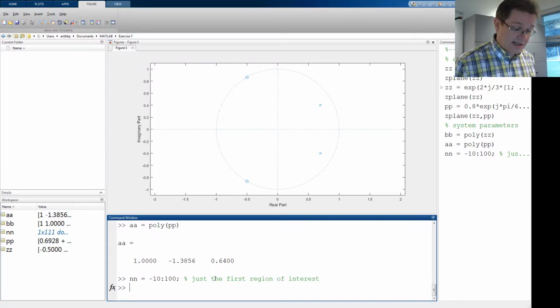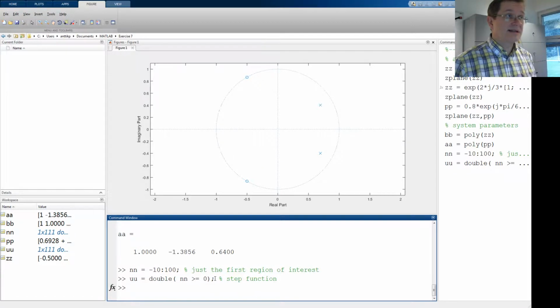And then the step function is, well, you should know that one, n greater than or equal to 0. Step function, and then we have the system parameters, linear system parameters.